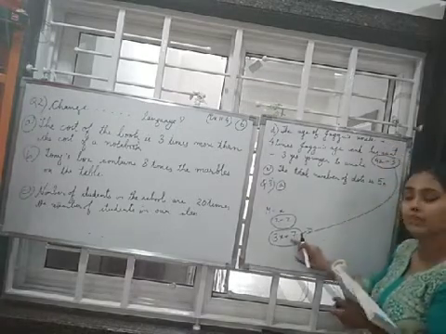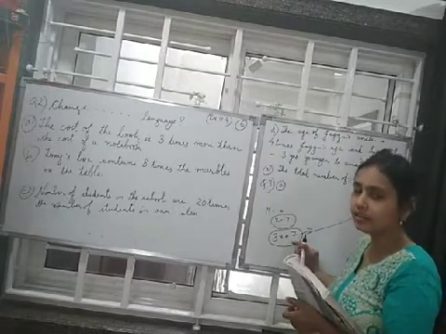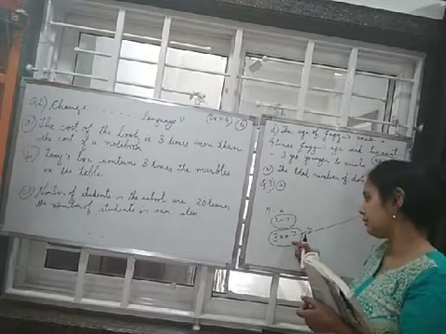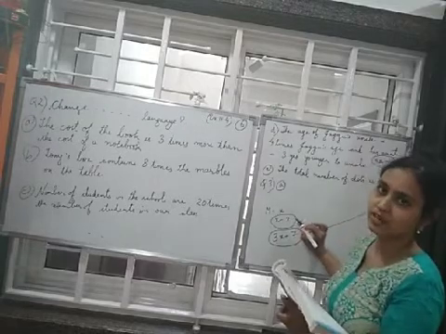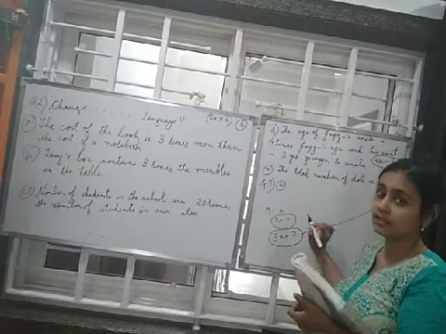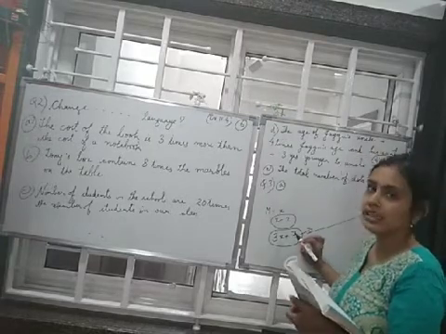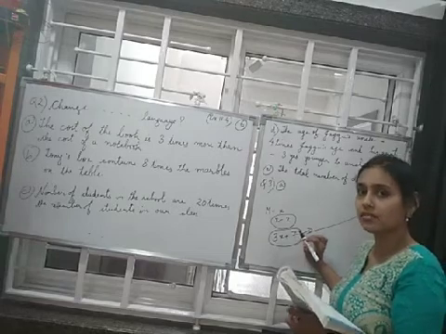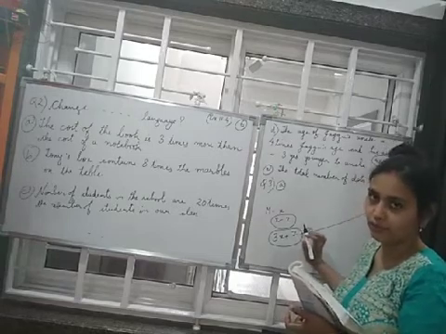That means this can be Munnu's father or Munnu's mother or Munnu's uncle and aunt. So we have to guess whose age can be x minus 2. x minus 2 can be his brother or sister's age. And 3x plus 7 can be his mother's or father's or uncle's or aunt's age. Anybody of them.